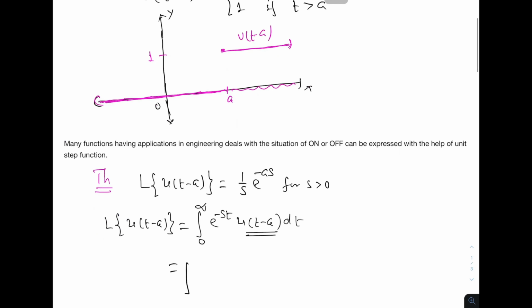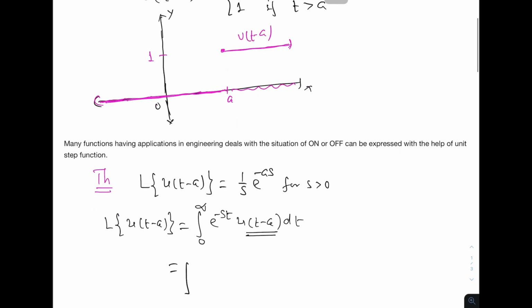Here the statement is like this: if Laplace transformation of f(t) equals F(s), then for a greater than 0, Laplace transformation of f of t minus a multiplied with the unit step function u of t minus a is nothing but e to the power minus as times Laplace transformation of f(t), or you can say e power minus as F(s).